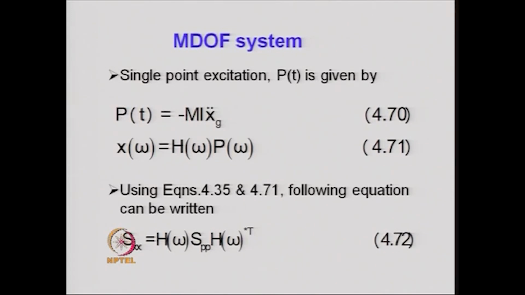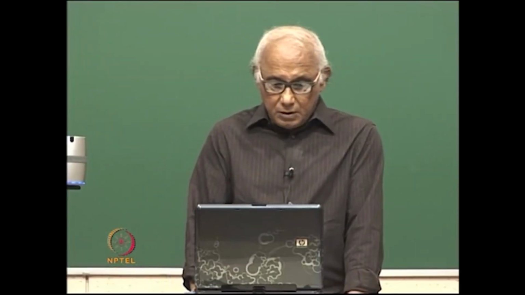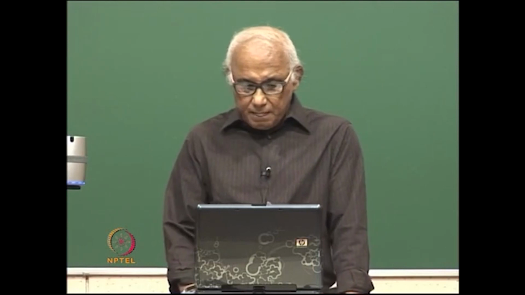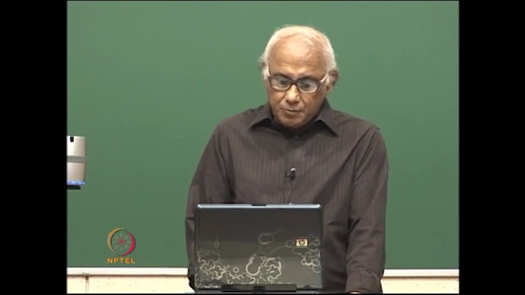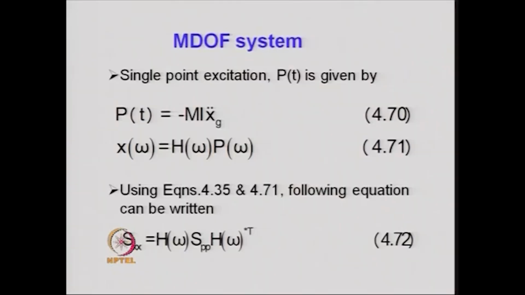As we discussed last time, when you have a number of random processes in a particular vector, then the process is described with the help of the power spectral density function matrix rather than a single power spectral density function.